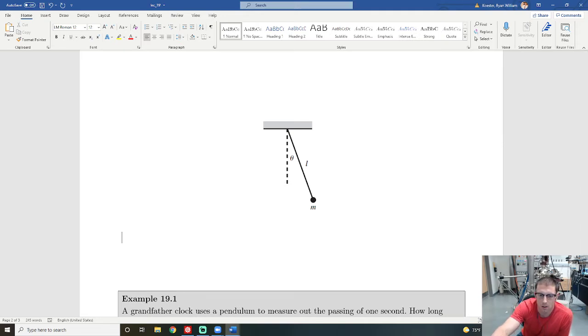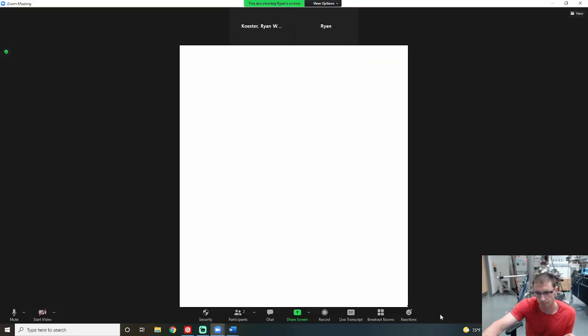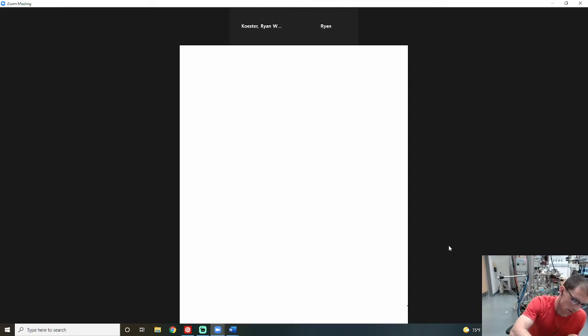So, what do we want to do? I think we want to make a sketch of this. Let me bring up the tablet here. So we want to write out Newton's second law for this situation. So say we have the ceiling here, the rod, and then the mass.